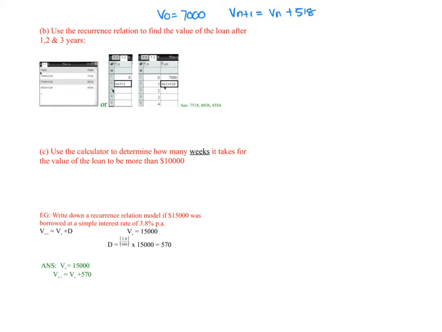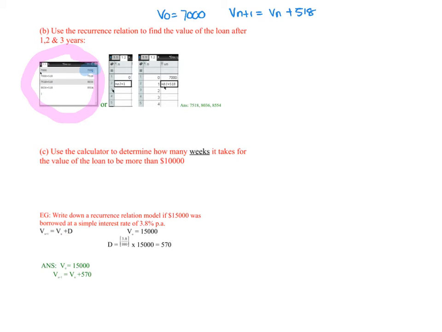It says use the recurrence relation to find the value of the loan after 1, 2, or 3 years. So I would think that you would want to use this method on the calculator. That's what we were doing yesterday, where we put the 7,000 in, pressed enter, and then when you said plus, it'll say answer, and you plus 518, and then you count it through.